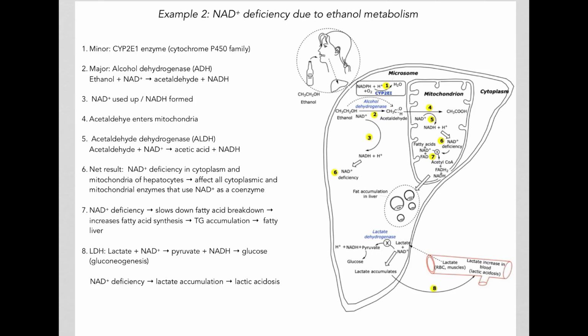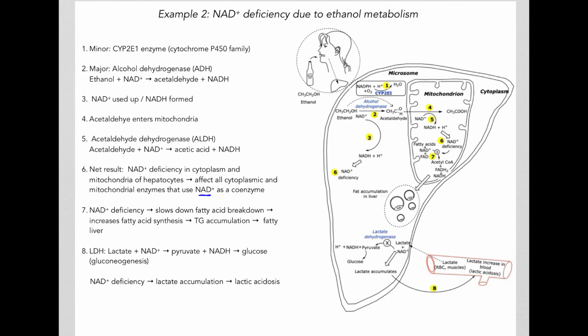So once again, NAD is used up, so there will be NAD deficiency in the mitochondria, as well as NAD deficiency in the cytoplasm. So this NAD deficiency in the cytoplasm, as well as the mitochondria of hepatocytes, the liver where most of the ethanol is metabolized, is going to affect all cytoplasmic and mitochondrial enzymes that require NAD as a coenzyme.